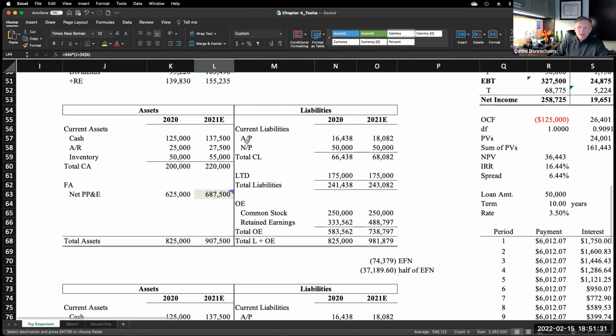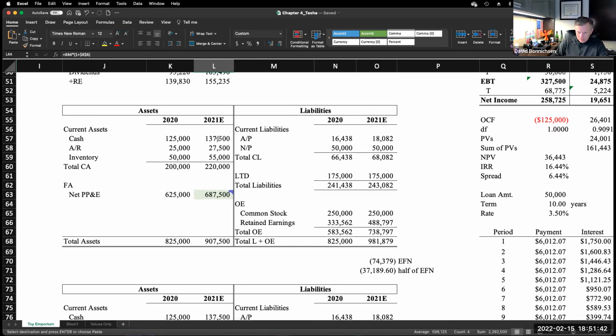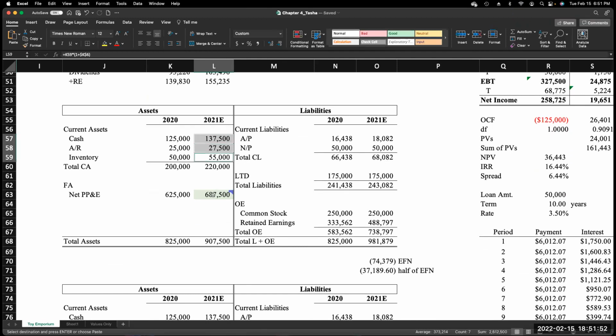In the balance sheet, what else varies with sales? Just shout it out or hit the chat room. Cash, AR, inventory, so we can select that, net fixed assets, accounts payable.